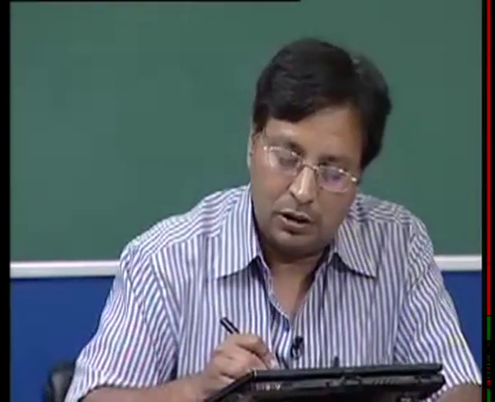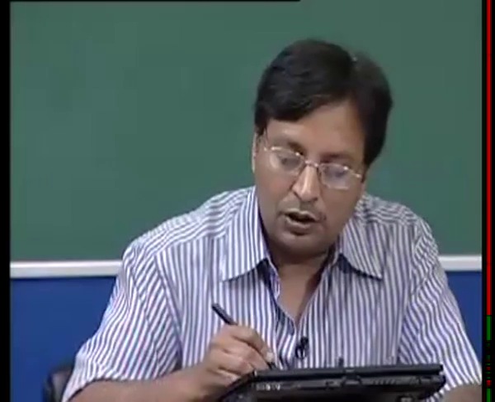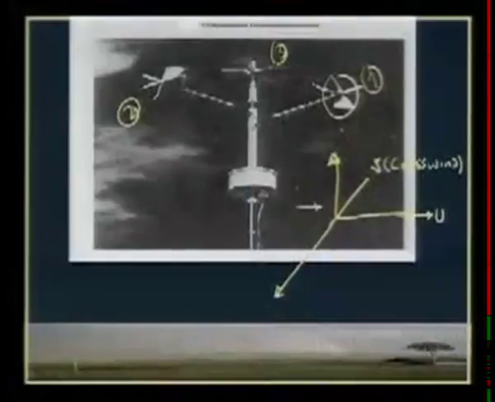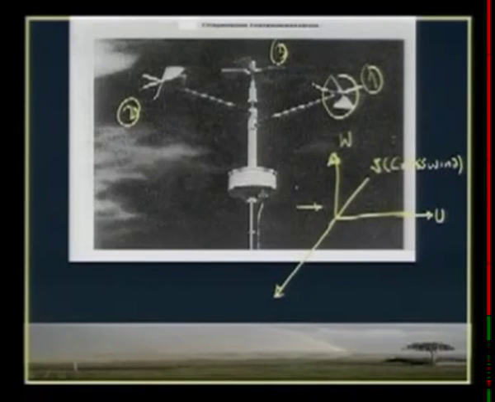And sometimes it is useful and interesting to measure the vertical component of the wind. That is what we sometimes refer to as W, the speed of the wind in the vertical direction.